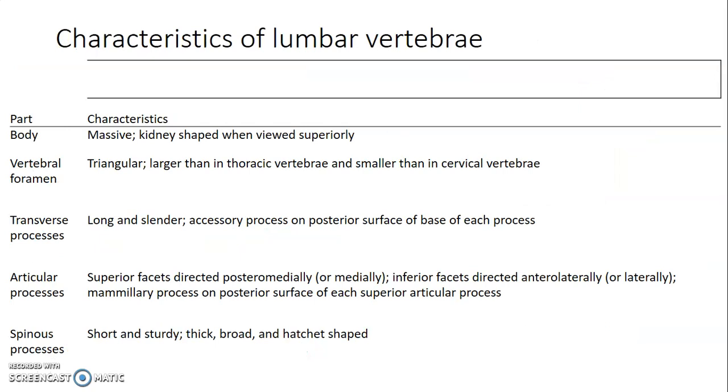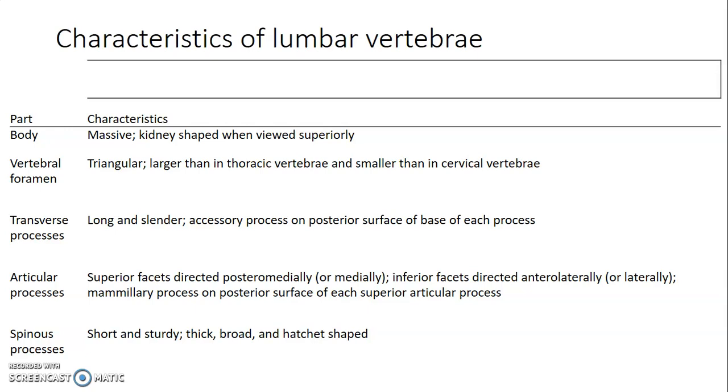What are the features of a lumbar vertebra? The body is massive and kidney-shaped, as you view from superior. The vertebral foramen is triangular and larger than the thoracic because of the lumbosacral plexus, but it's smaller than that of the cervical. So the cervical has the largest vertebral foramen because the brachial plexus is big.